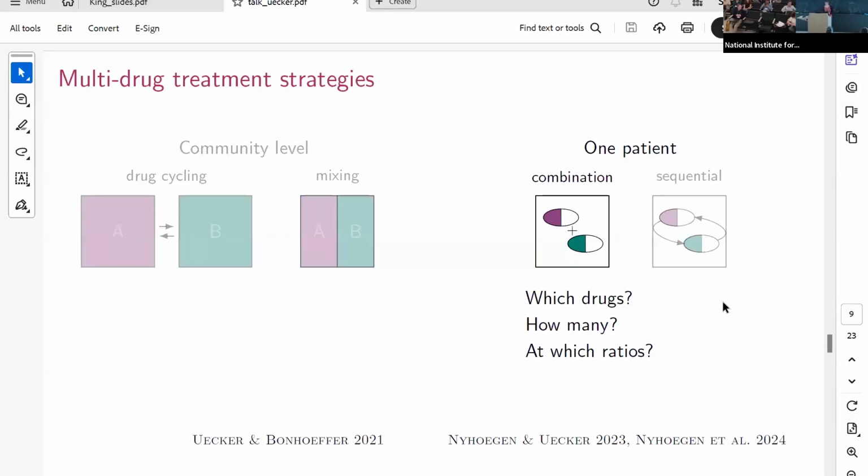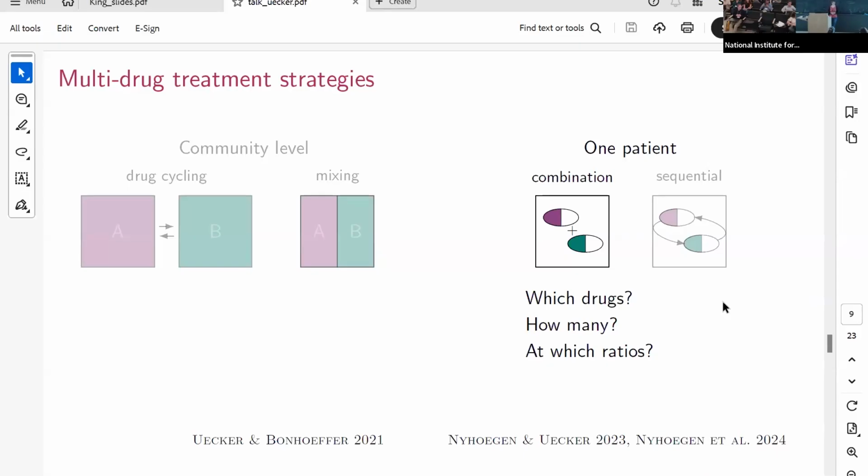What I want to focus on now is this combination therapy, so 2 or more drugs together. This is something that has been used for tuberculosis for 80 years. It's not so much used for other bacterial infections. Another example, in non-bacteria, is HIV, where this is, of course, a standard treatment. As I said, the idea behind it is simple.